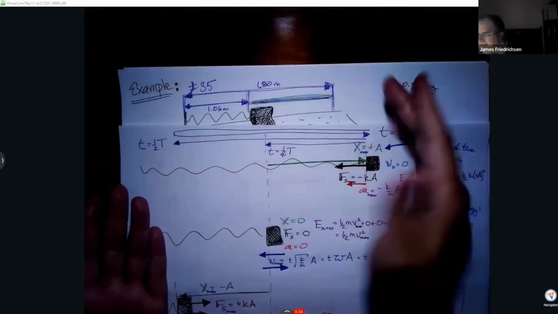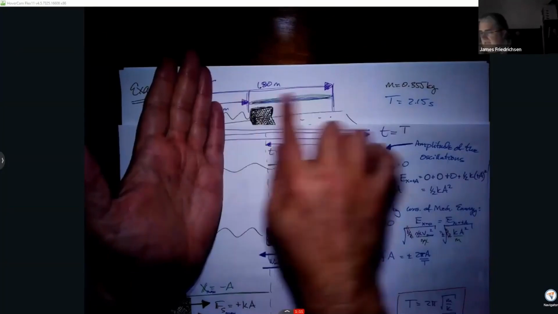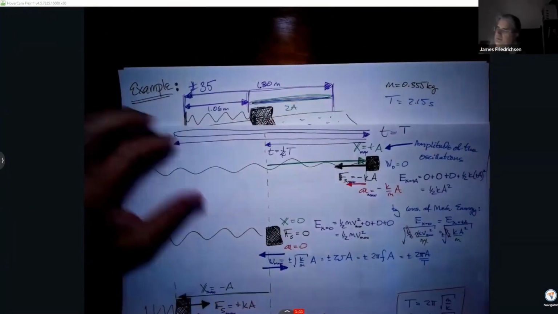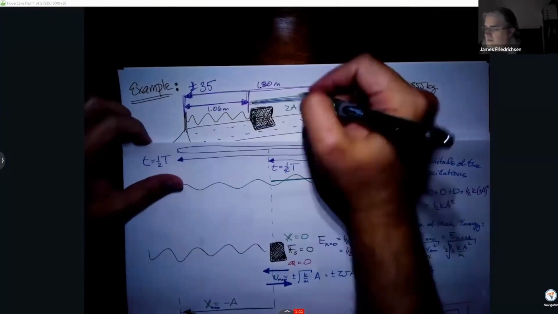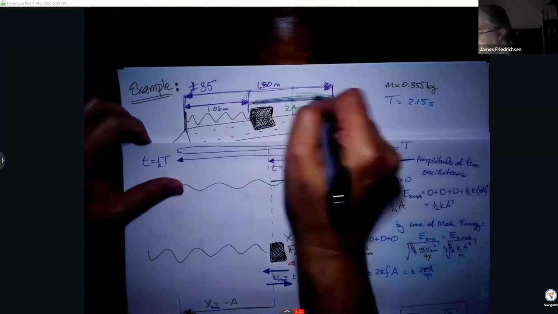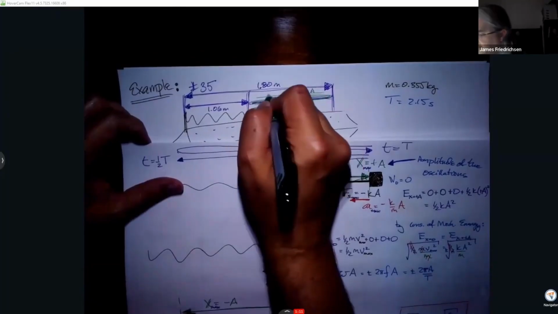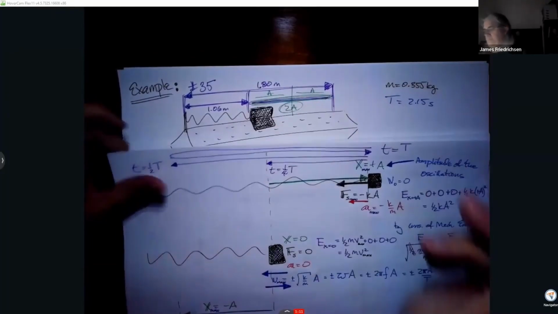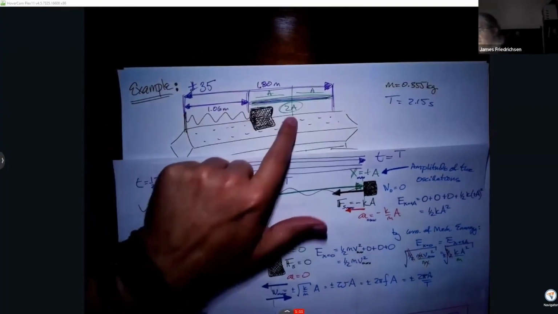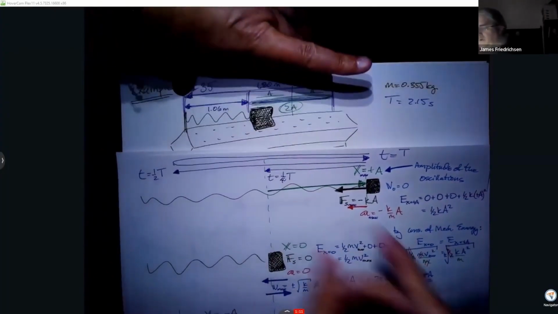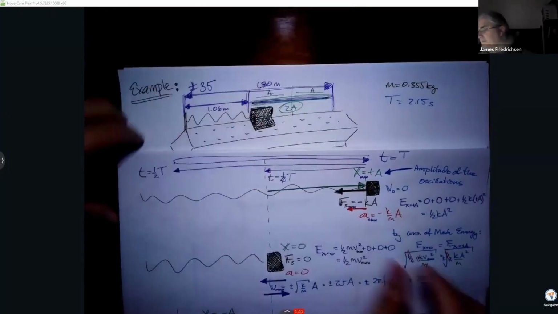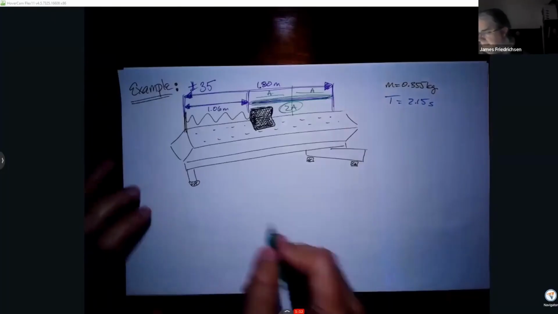So really this full distance is technically 2 times the amplitude. There's the equilibrium in the middle, we would have A here and A there, so the full run is 2A. And so we can use the 1.80 and the 1.06 to solve for this 2A.